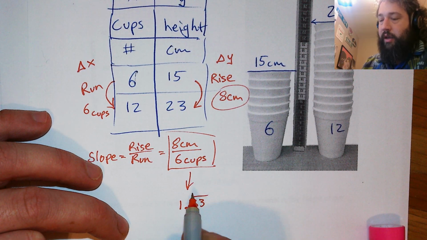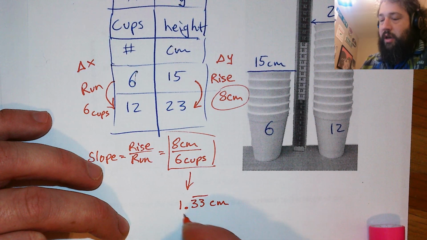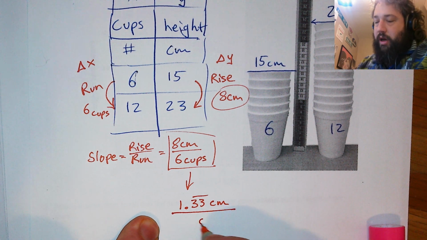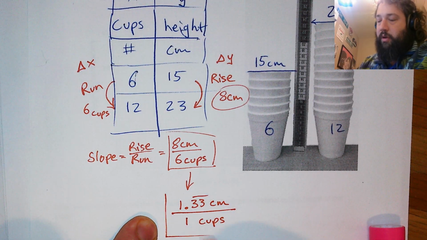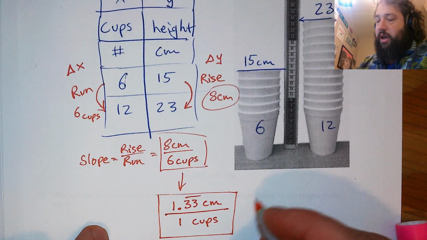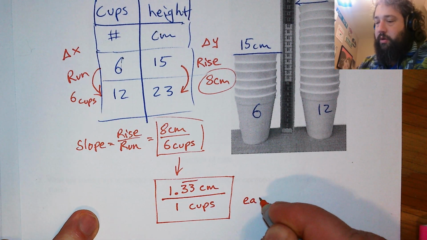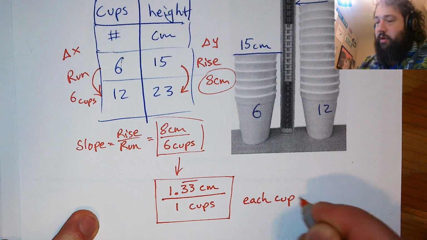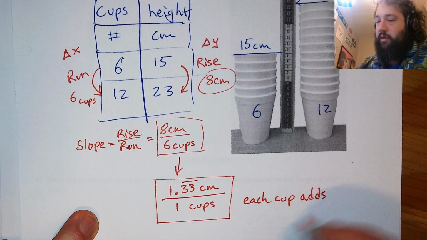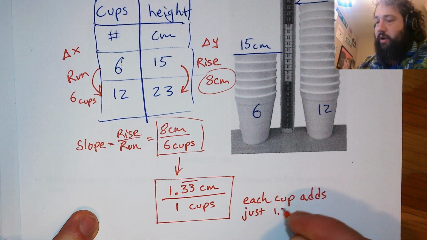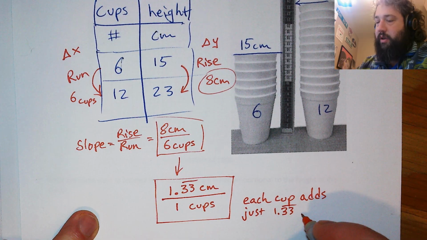That's centimeters, and it would be over cups, but this time it would be 1 cup. So each cup, we could say this in a sentence, each cup adds just 1.3333 centimeters.